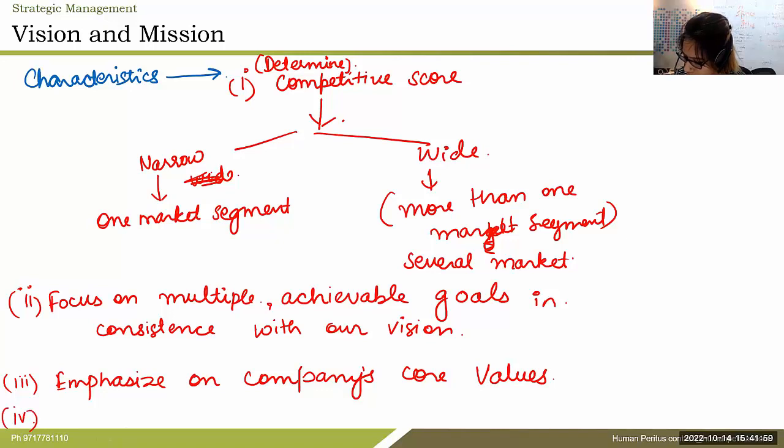Fourthly, the mission should define the products, the customers, markets, right?